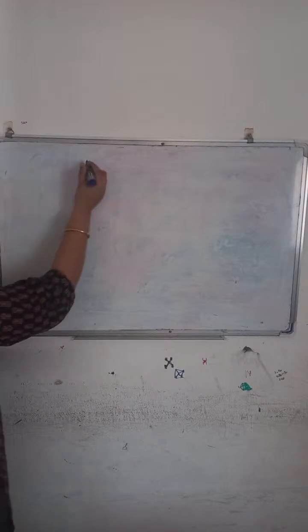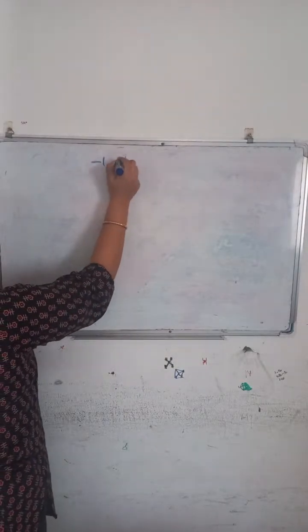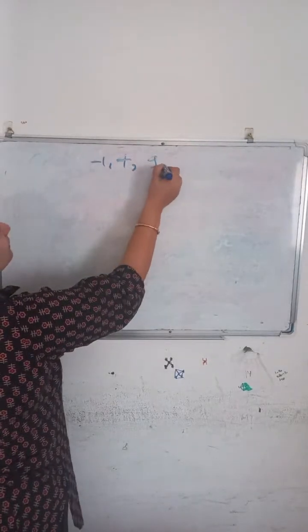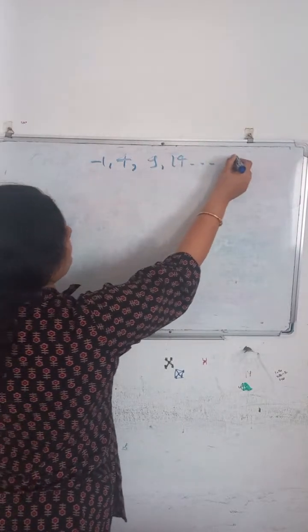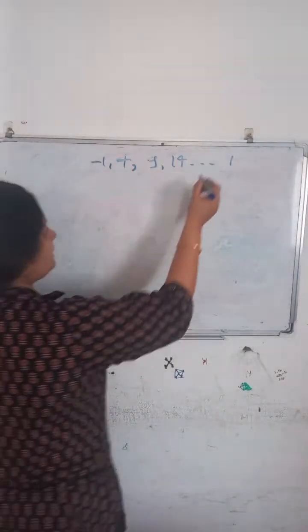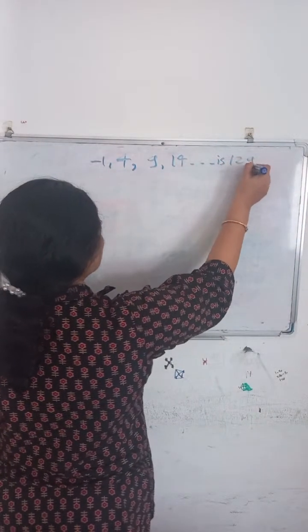So here the AP is given: minus 1, 4, 9, 14, and the nth term is 129. Find the value for n.